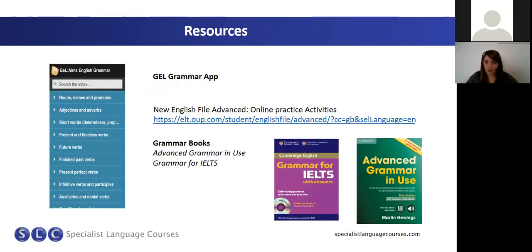There are some grammar practice activities on various different websites, one of which is the New English File. And it's a good idea to focus on advanced grammar to bring your grammar up to a band 7 or 8. And naturally, you can get some grammar books. So Advanced Grammar in Use is general advanced grammar that you can use in writing and speaking.